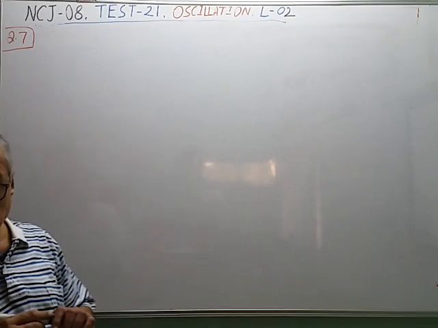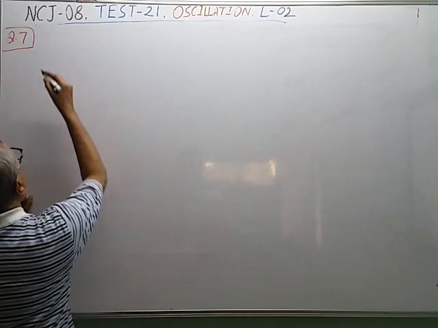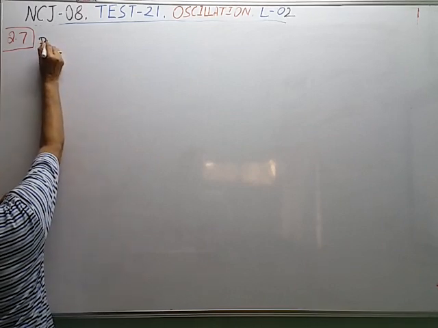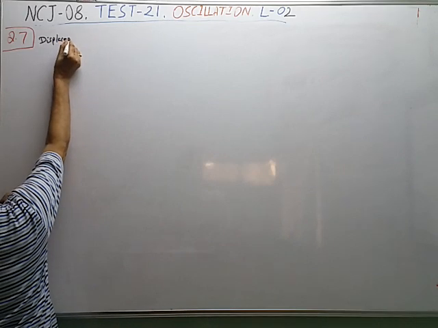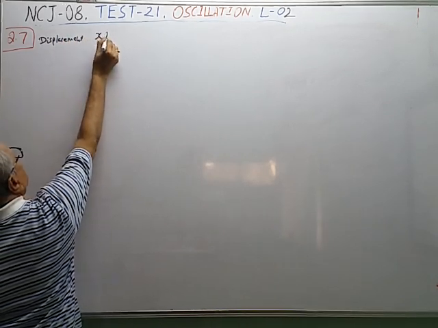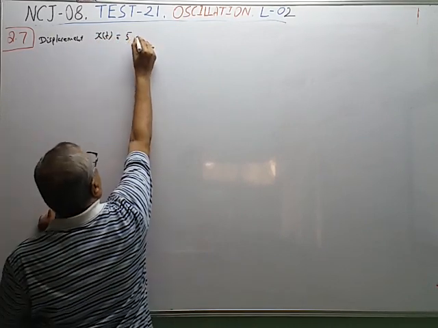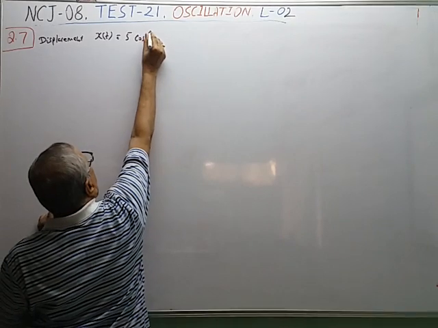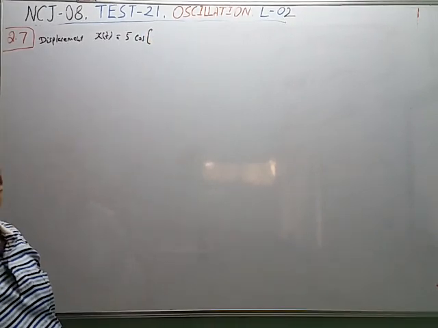So displacement x is given. Displacement x at time t second is equal to 5 cos(2 pi t plus pi by 4).